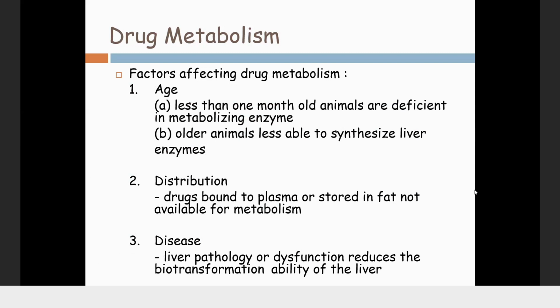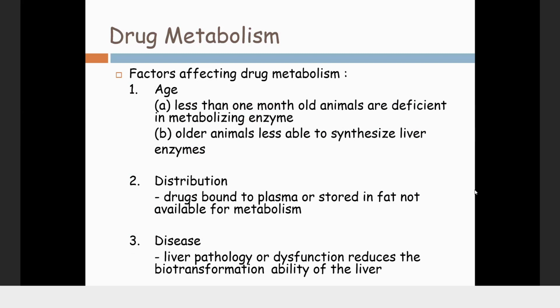Older animals are also less able to synthesize liver enzyme. Usually older animals have some problems, and their liver enzymes have decreased. So in young animals, less than a month old, they have less metabolizing enzyme.